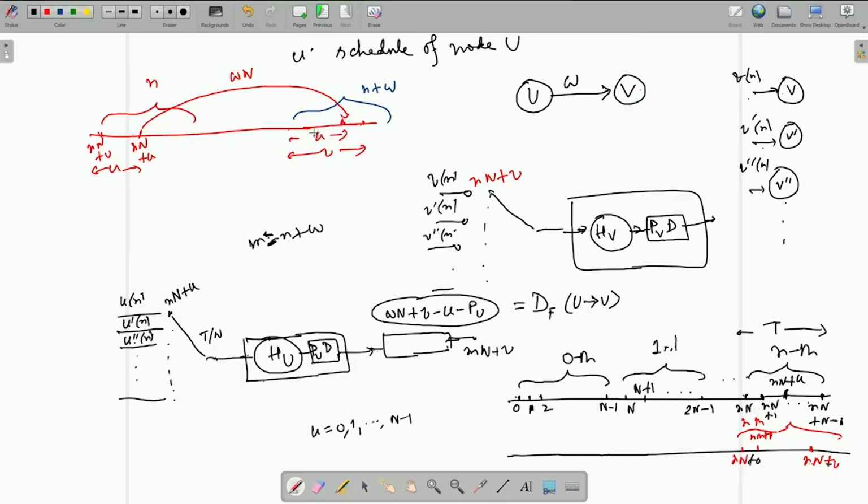Because small v could have been here, this much, I mean instead of this it could have been less. So, V minus U is negative, which means I do not need so much of delay, I need less than that. How much less? V minus U. So, from Wn something will be subtracted, so that I am here. Whatever is V minus U, or you can write V minus U equal to minus of U minus V. So, U minus V, this much will be subtracted from Wn.